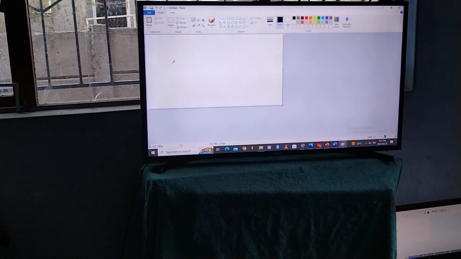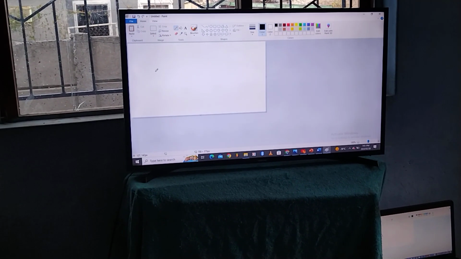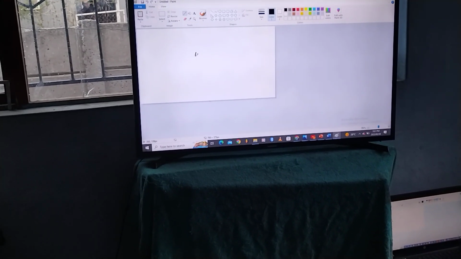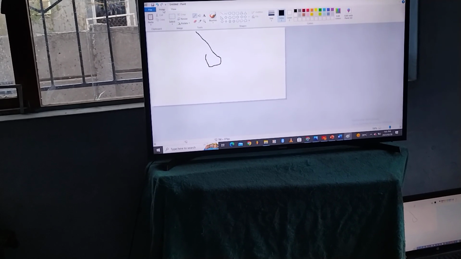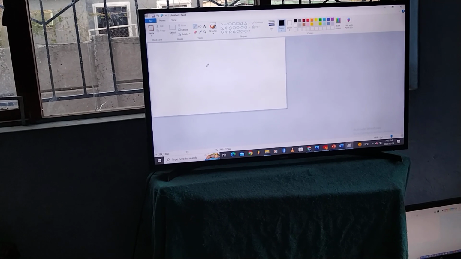Okay, so I'm going to try and draw a circle. If my circle is not very circle-ish, don't mind my circle. So no, that is bad. That is very bad.